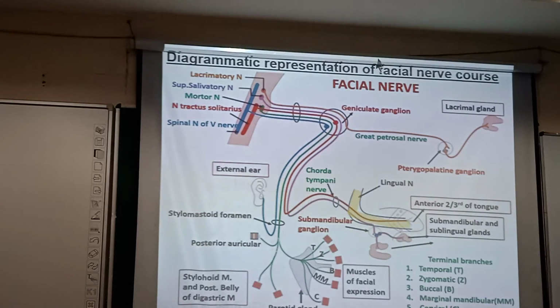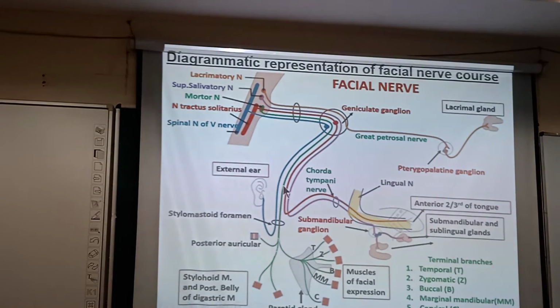Then it comes to the geniculate ganglion, enters inside the facial canal, first in the vertical part, then in the horizontal part, and then coming out, this in green color, through the stylomastoid foramen. We have already gone through this facial nerve. So this is the stylomastoid foramen.